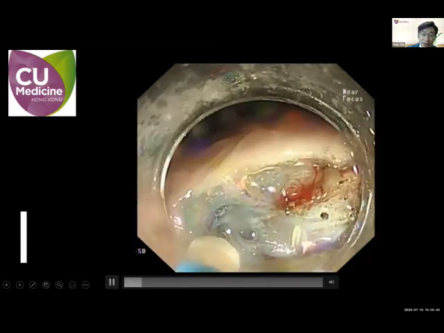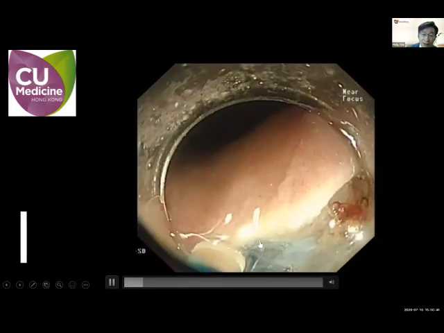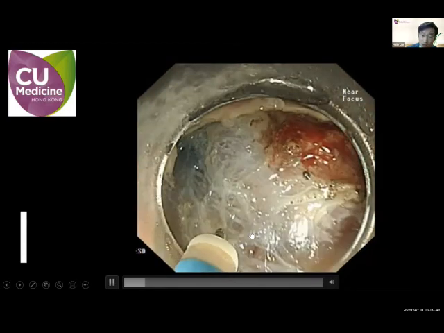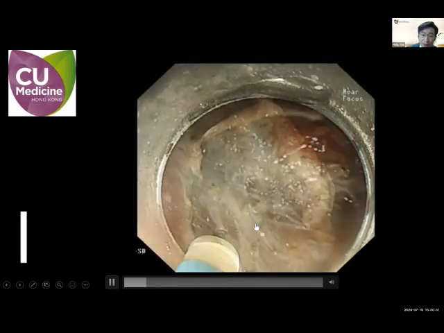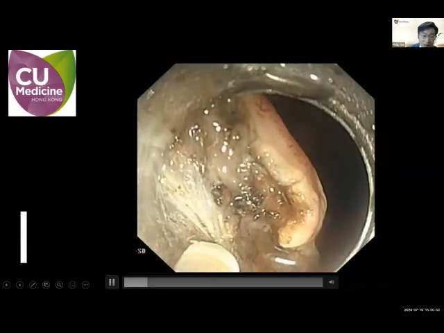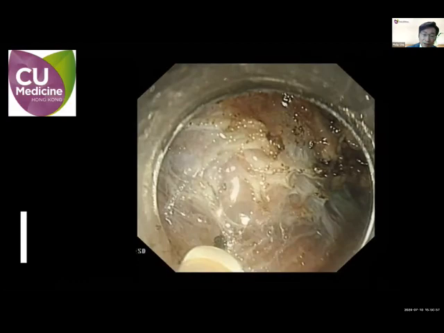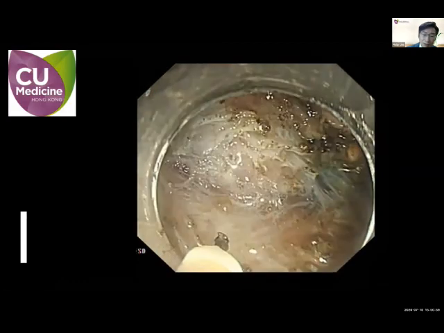And as you can see, there is the muscularis propria. Because this is a GIST tumor, it can be arising from either side of the muscularis propria, with some component always adherent to the muscularis propria.